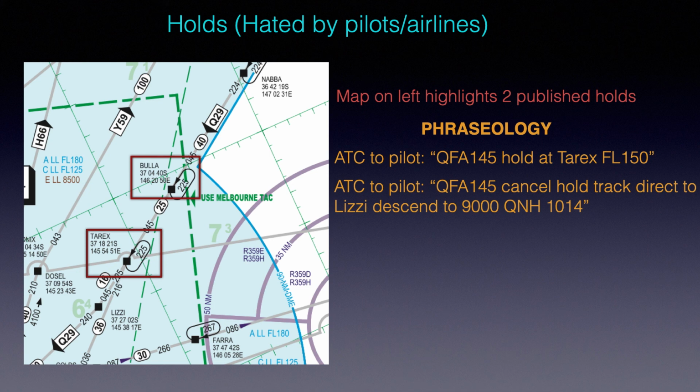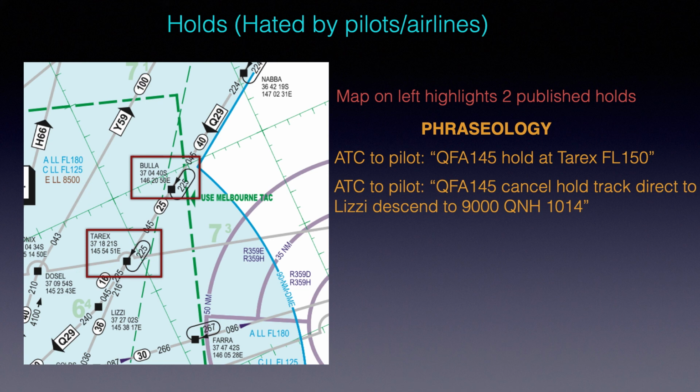Now that's just one instruction to cancel. That is not the only type of phraseology to cancel a hold on a pilot. You can say, Qantas 145, expect cancel hold time 05 for onwards clearance, or something like that. So there is nothing definite, but this is the most common one.